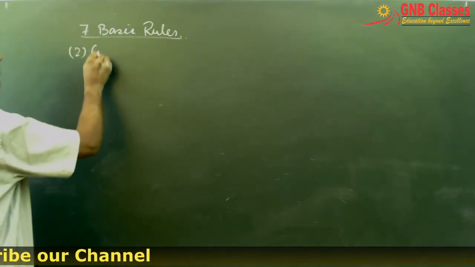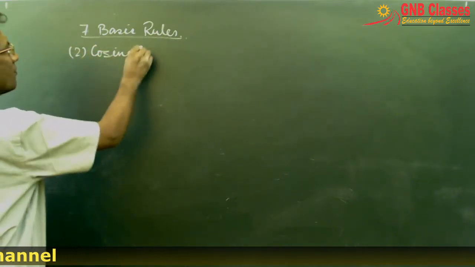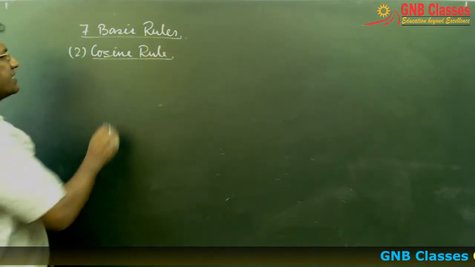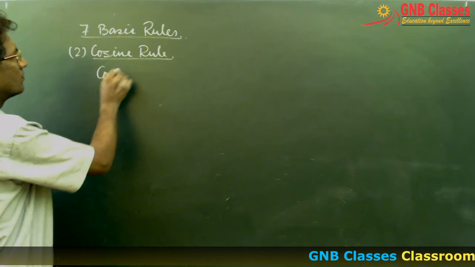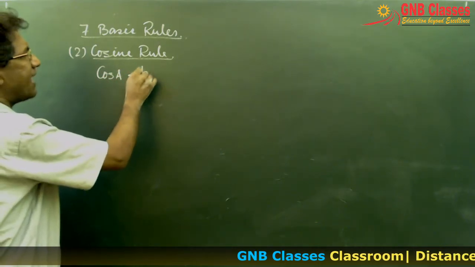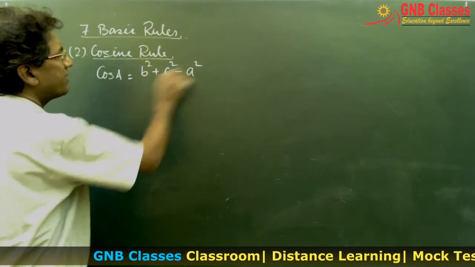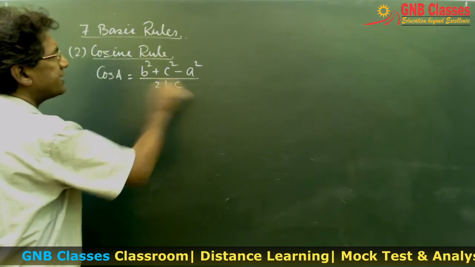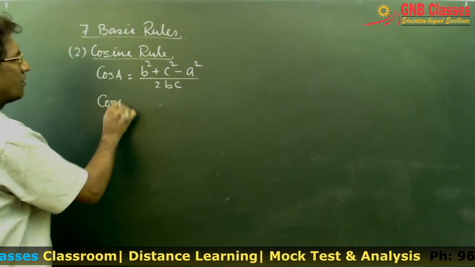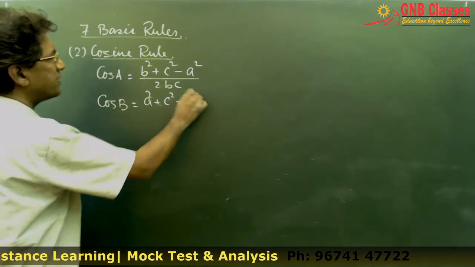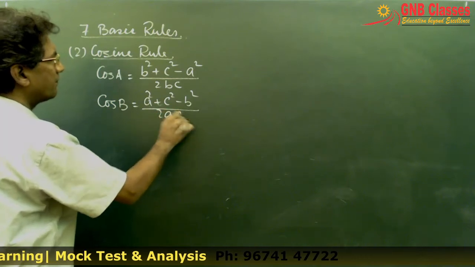which is called the cosine rule. It states that cos A can be written as b square plus c square minus a square divided by 2bc. Cos B can be written as a square plus c square minus b square divided by 2ac.